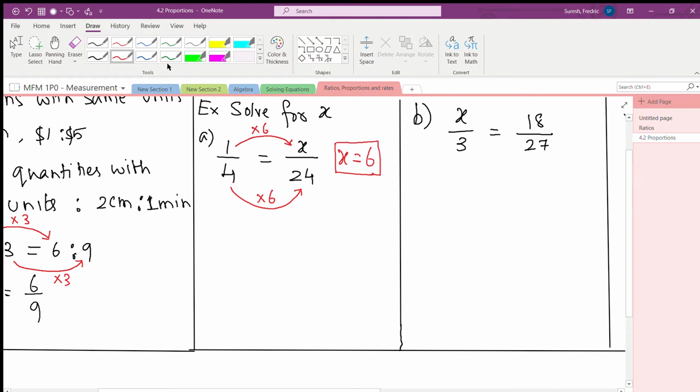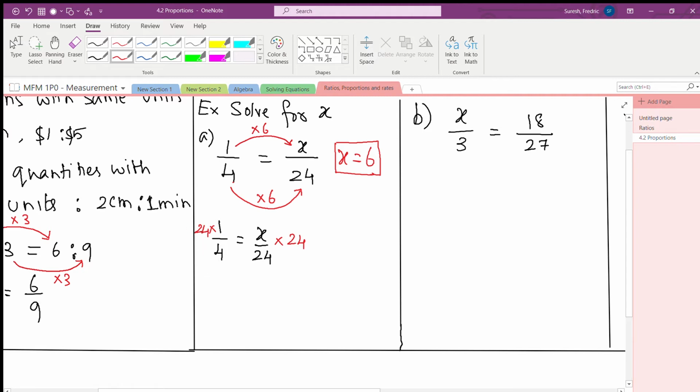There is a second way of solving this problem. So if I have 1 over 4 equals x over 24, I realize that the 24 is dividing the x. So all I need to do is multiply both sides by 24. And something interesting happens.